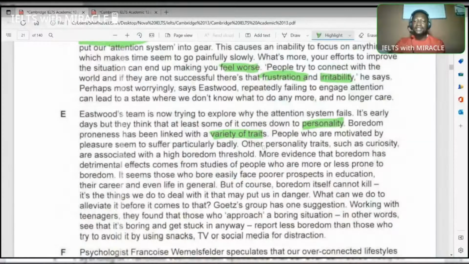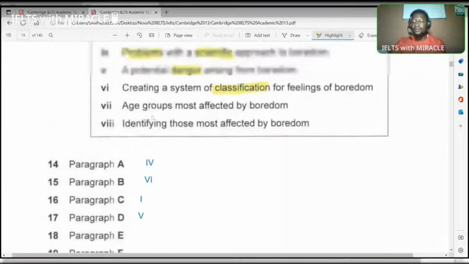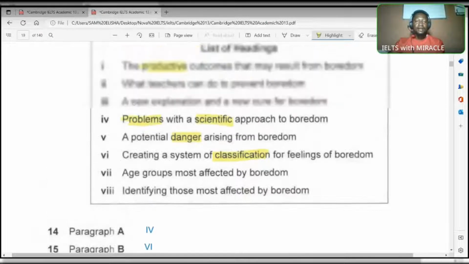If you go further, you probably will see things that have to do with what? Personality and all that. So let's look at it and see if we can find something that has to do with person.